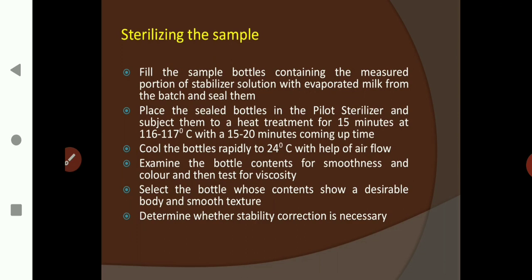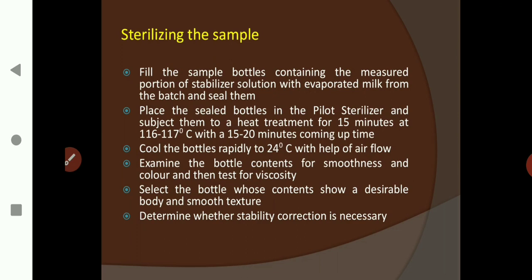After sterilization, the bottles are immediately cooled to 24 degrees Celsius with the help of airflow. Actually, the pilot sterilizer is same as that of your original sterilizer. Now examine the bottle contents for smoothness and color, and test for viscosity.